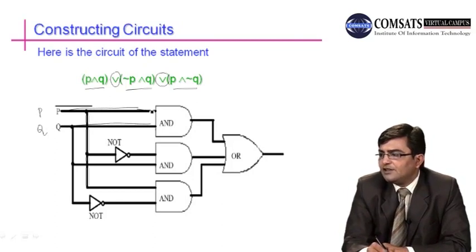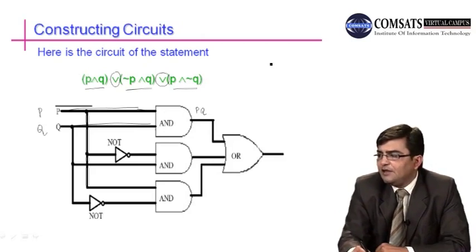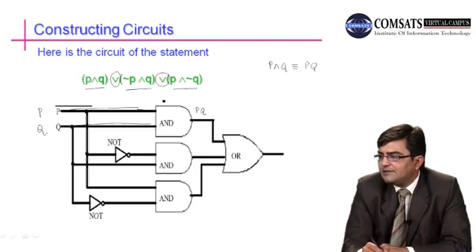So this logic gate, AND, represents P and Q. So here we can write PQ, as in the previous slides we see that P and Q is abbreviated as PQ. Next, this logic gate, AND, represents the second expression, not P and Q.